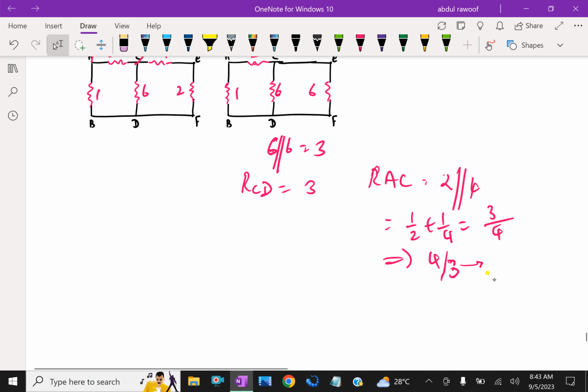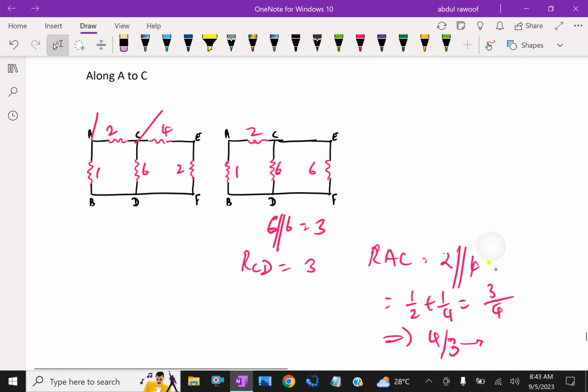That is RAC here. RAC equals 4 over 3 ohms.